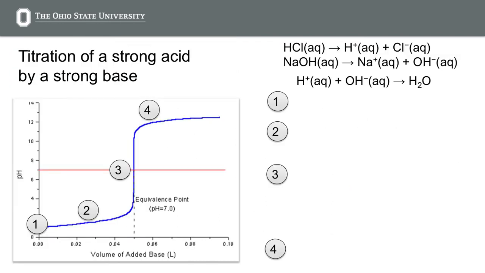So I like to think of the titration curve as having 4 different points. Okay. And the first point is before any titrant has been added. And in this case, we're saying that our titrant is the strong base. And the strong acid is the titrand, that ends in D. We'll just typically say titrant, and then not worry about the word titrand.